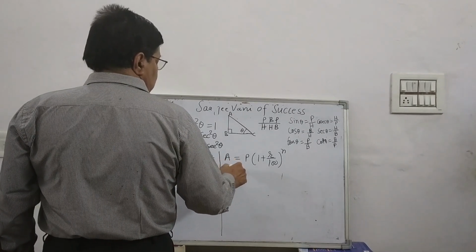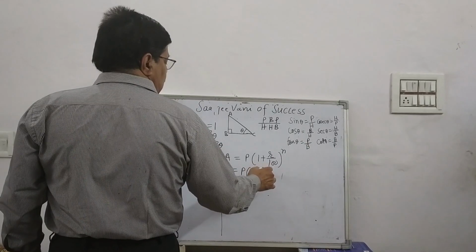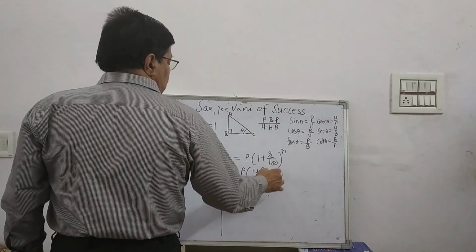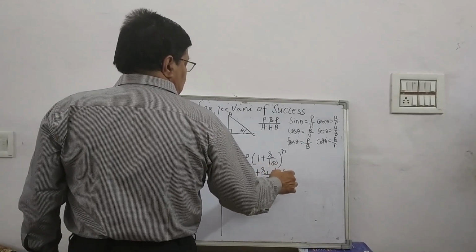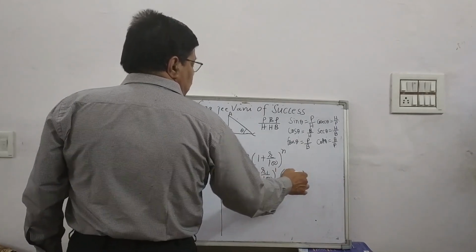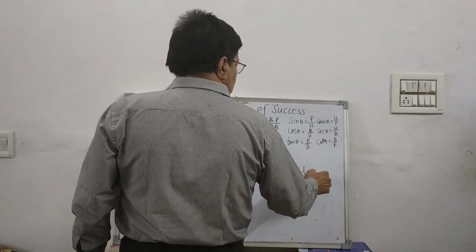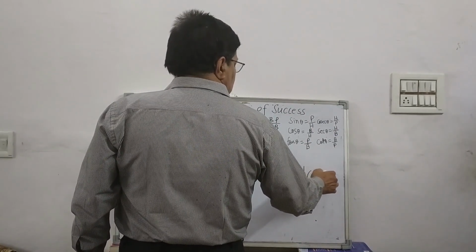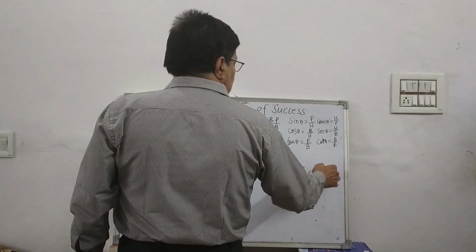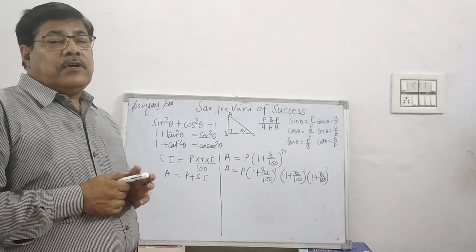Then this formula will be applicable, P into 1 plus R1 upon 100, into 1 plus R2 upon 100, into 1 plus R3 upon 100. Okay, when successive rates of interest are given.